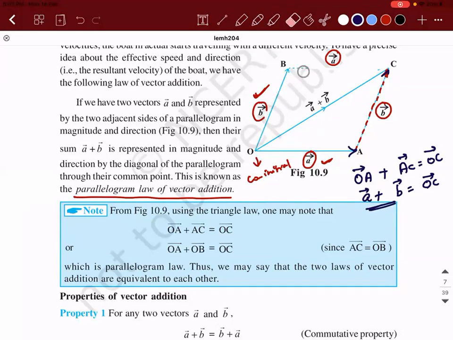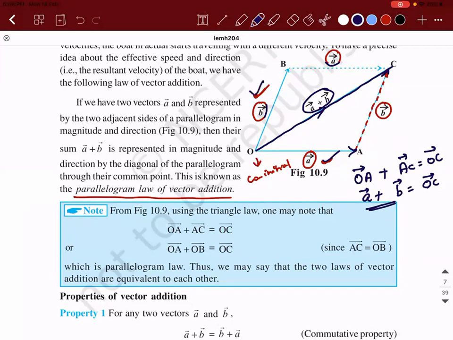Now observe. Where did the actual B vector come from? Actual B vector is a coinitial vector. Right? Actual A vector is also a coinitial vector. Then this A vector plus B vector actually represents the diagonal of this parallelogram. So are you able to understand?